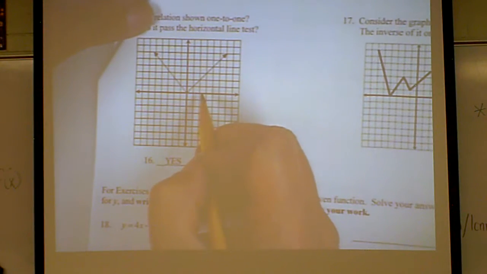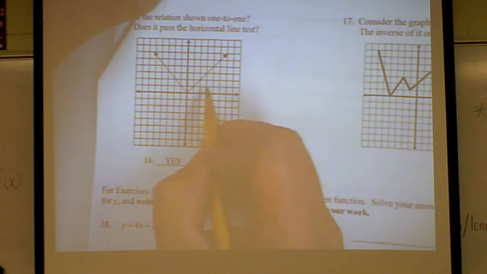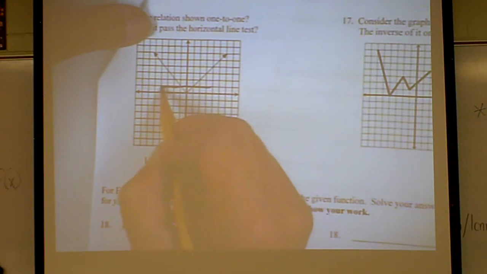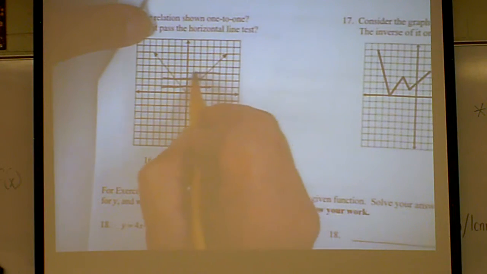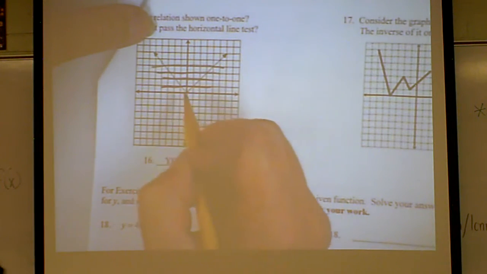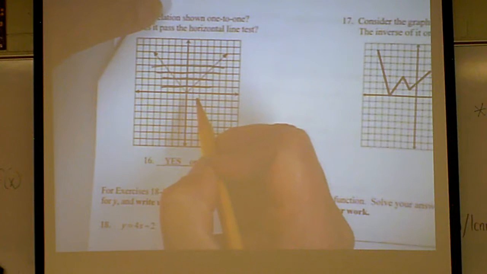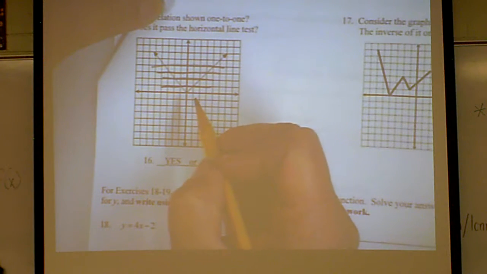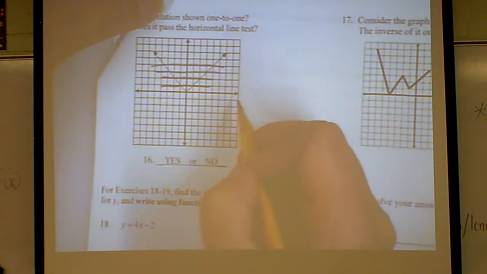Does this pass the horizontal line test? In other words, is this function 1 to 1? If you were to draw a horizontal line through this graph, if it hits in more than one spot, then it is not 1 to 1. It does not pass the horizontal line test.